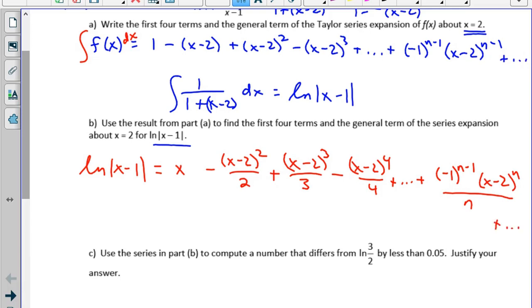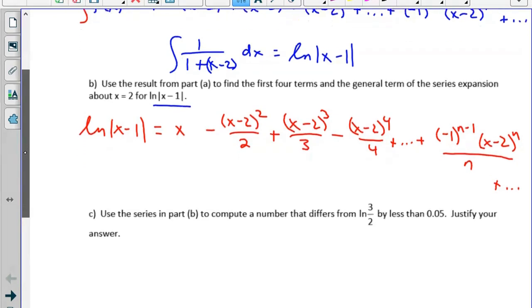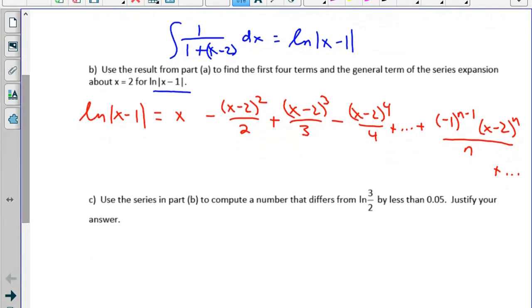So that's part B. Now, one thing you're going to want to notice is in part B, when I integrate 1, I get x, but every other term has this x minus 2 in it. So what I really want to do is write this as x minus 2 instead of just x. The reason I can do that is that when I integrate with an indefinite integral, there's always a plus c at the end.